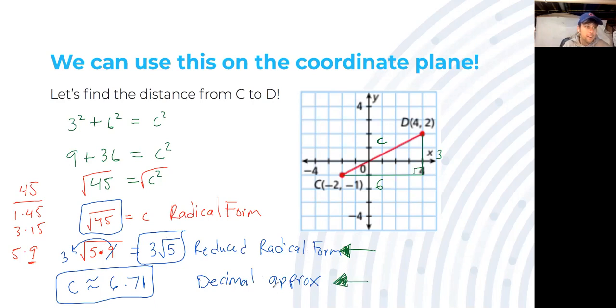And if you're going to get an approximation, you might as well do it quick and just use a calculator. So we need to be familiar with both of these answers pretty thoroughly as we keep moving on in our geometry class. And we'll spend more time practicing reduced radical form here and there, but it's just going to keep coming up, and hopefully we'll start really picking it up.